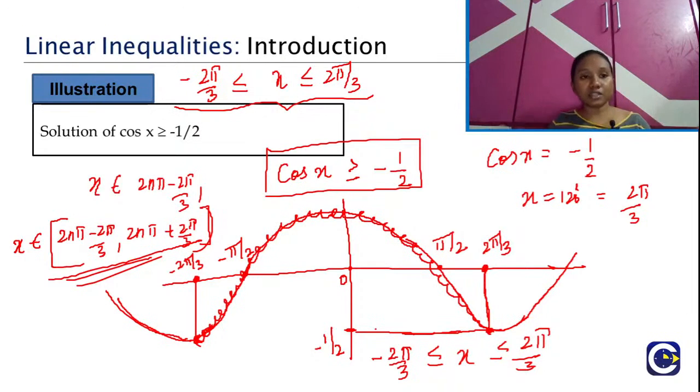And in this entire linear inequalities chapter, we should be very careful with the properties as well as the different inequalities we have seen, and you have to be very handy with the wavy curve method, because by finding the solution using wavy curve method, it will be very easy, right? Because even to find the solutions of these types of inequalities like logarithmic, exponential, in that also we are actually using our wavy curve method.